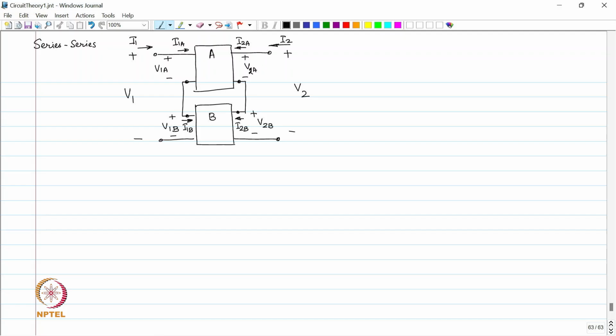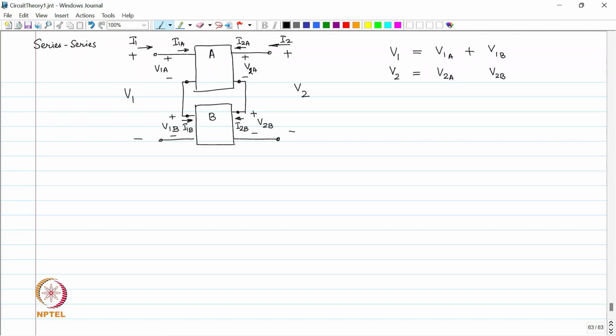and here what is the relationship between V 1, V 1 A and V 1 B? V 1 is equal to V 1 A plus V 1 B, and here what is the relationship between V 2, V 2 A and V 2 B?